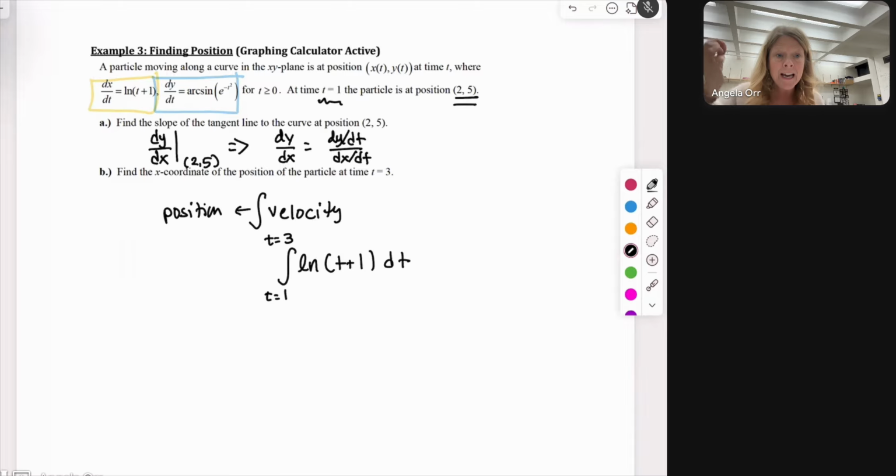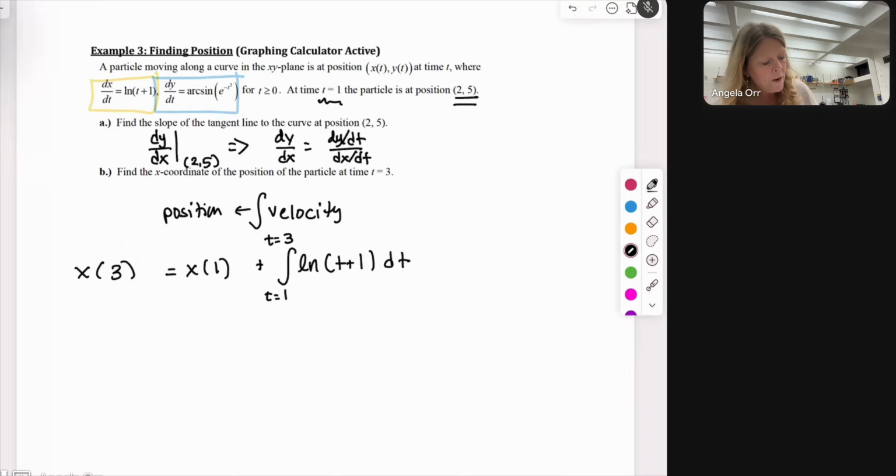That gives me my change in position from 1 to 3. Now, I need to know where I started at time equals 1 in the x direction, so I'm going to add my x position at time 1 originally. Because of the first fundamental theorem of calculus, this is equivalent to my position at time 3, because position at time 3 is where I started at time 1 plus how much I changed by from 1 to 3.